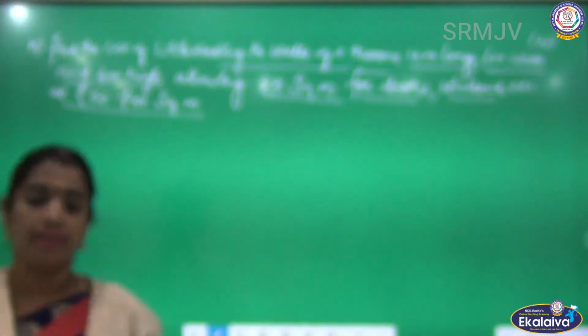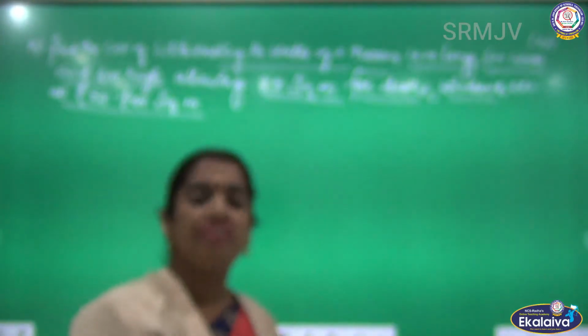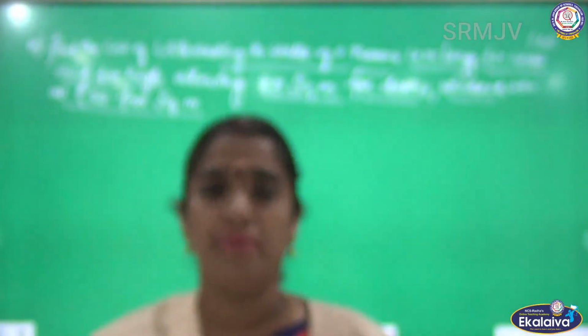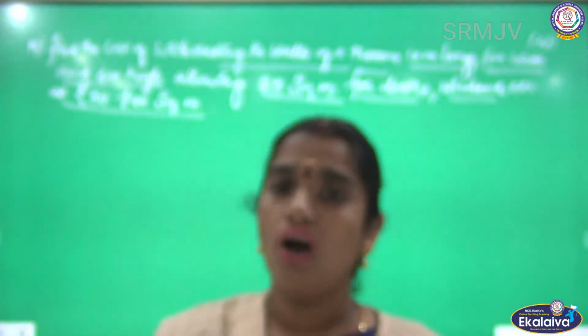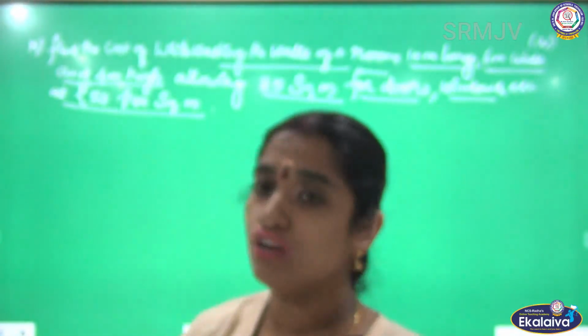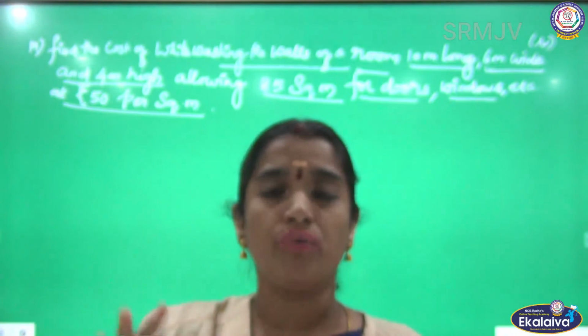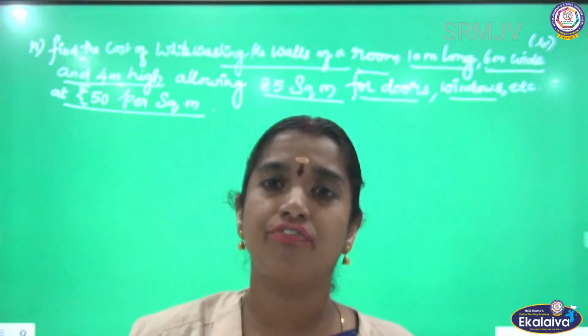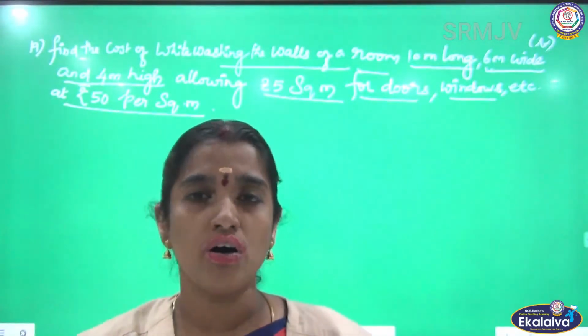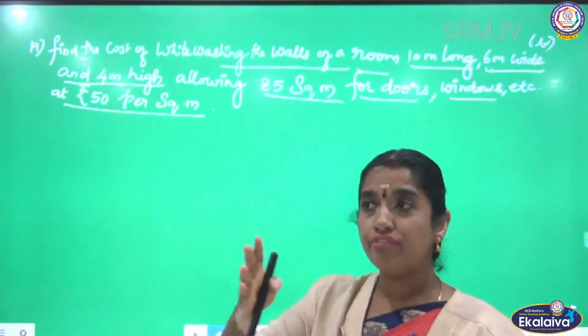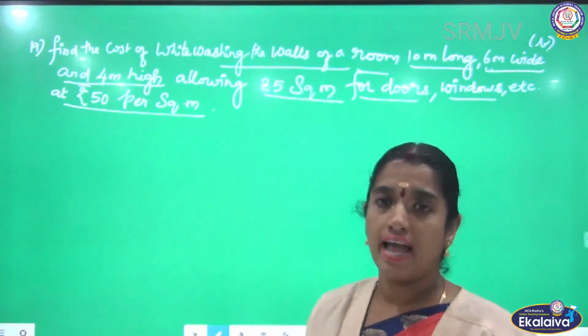See, listen, children. Area of a rectangle, length into breadth, is it? Now here they are given the height also. Height means what? We are going to calculate the area of 4 walls. Is it clear? Area of the 4 walls I am going to calculate.